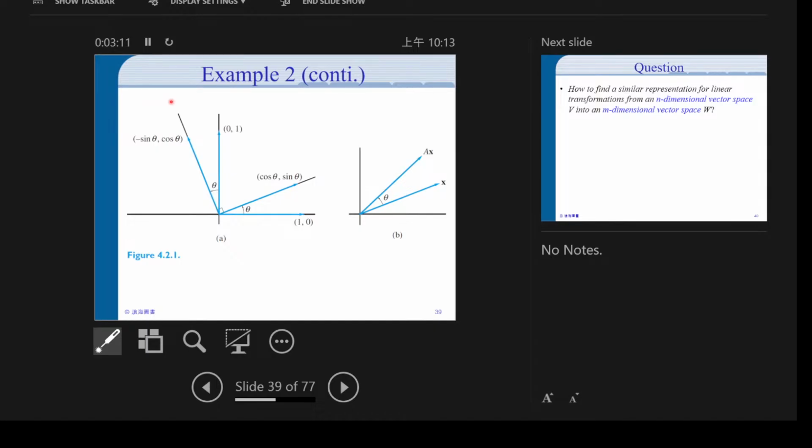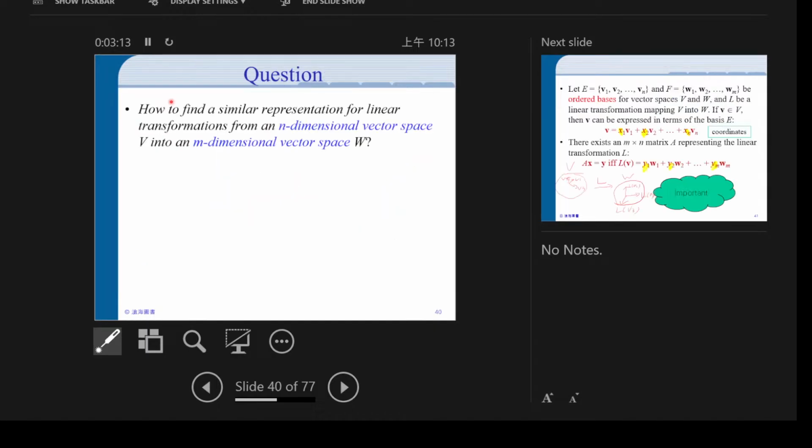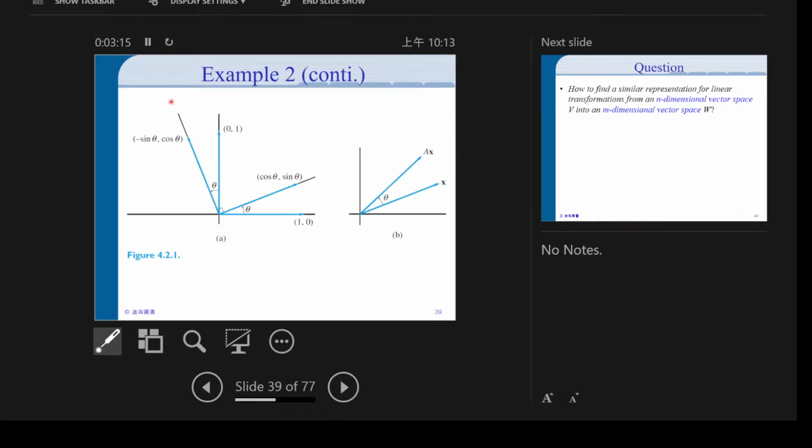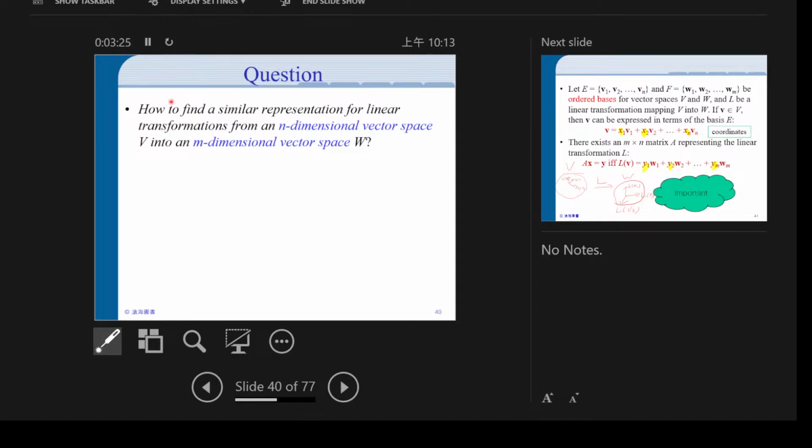And last time we ended on this question. The theorem we just talked about was from Rn to Rm, and those are Euclidean spaces. But we also said there might be abstract vector spaces. So if we have a linear transformation between abstract vector spaces, can we also write the transformation as a matrix?